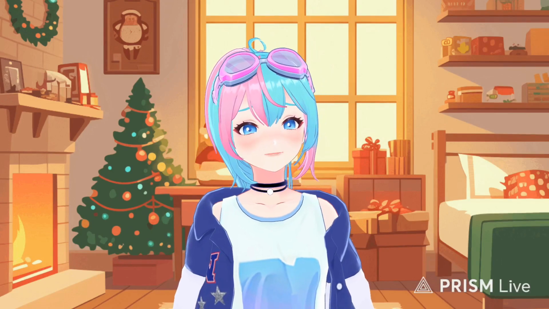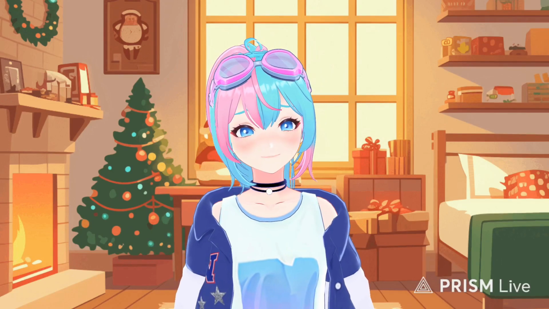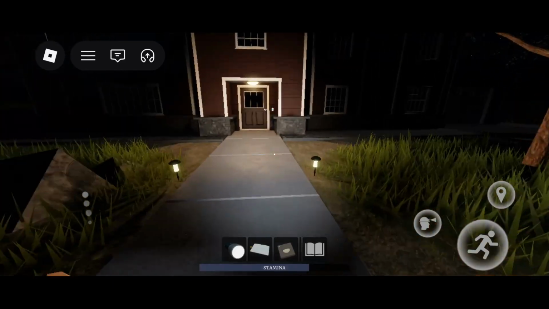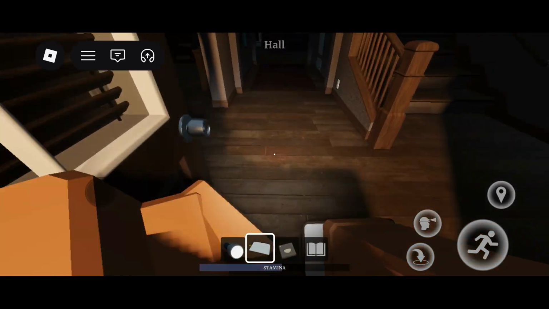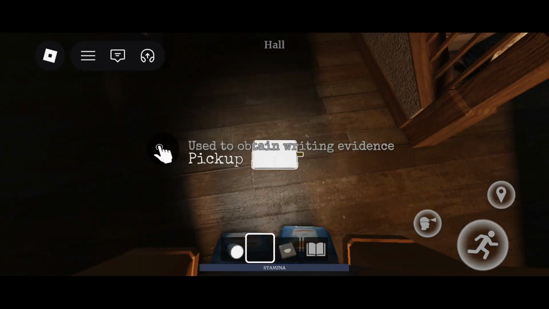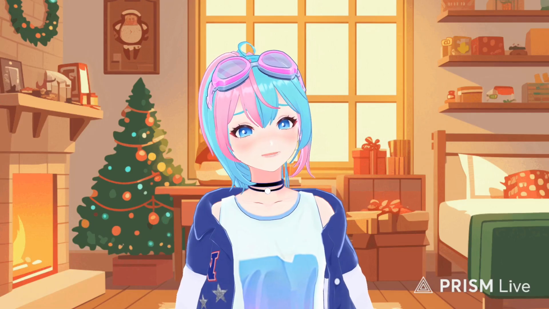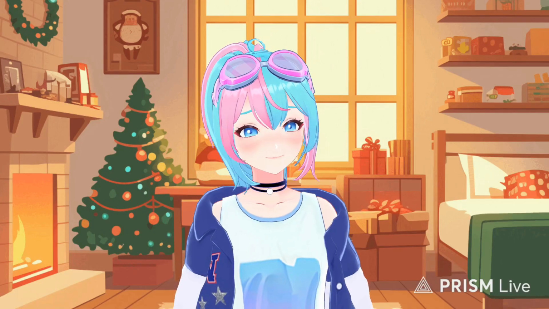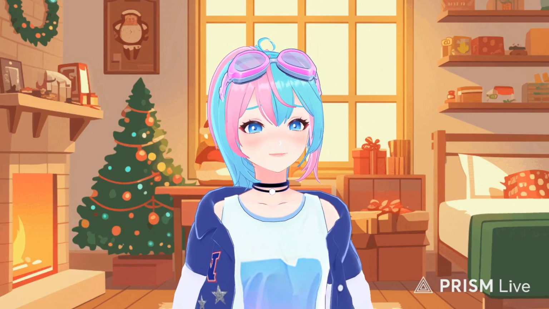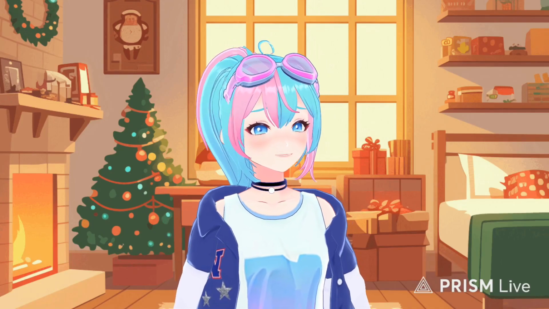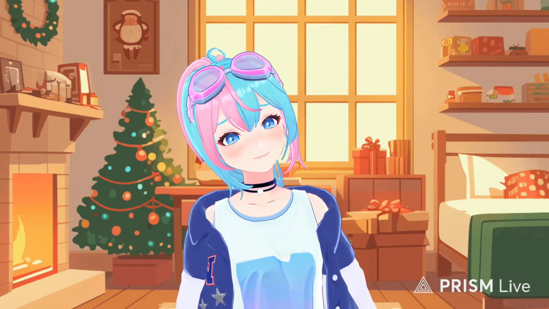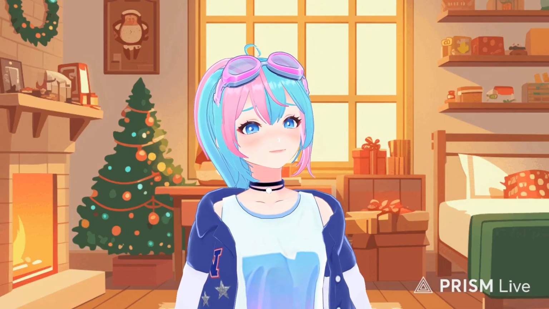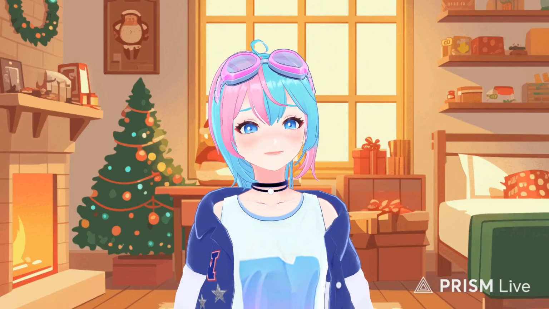Now Amy wants to talk about the second equipment, which is the book. Like the motion sensor, you place it down where the ghost is most likely to walk through, so the ghost can interact with it. You can wait for the ghost to write or leave it and come back later to check on it.